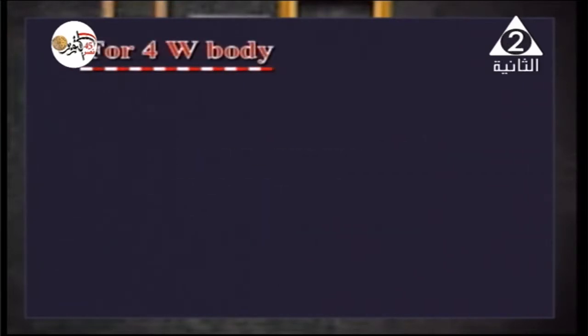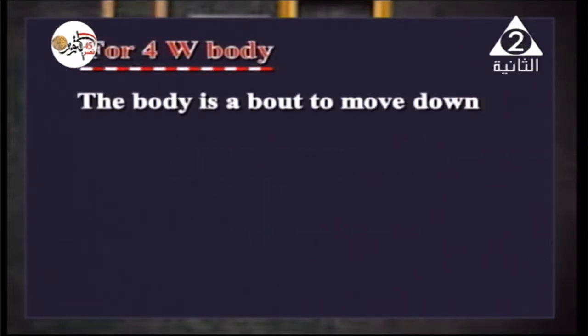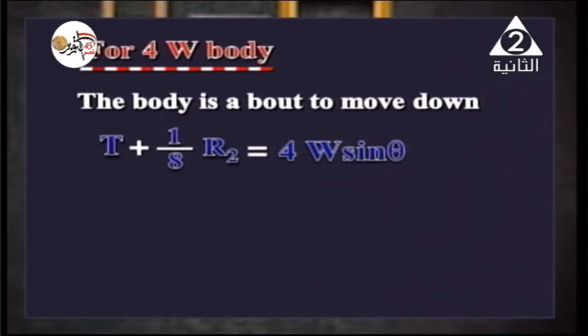For the 4W body, we have an equation about the body of weight 4W. The body is about to move down. What do you deduce? T plus 1/8 reaction of the body R2 equals 4W sine theta. The second equation, R2 equals 4W cosine theta.